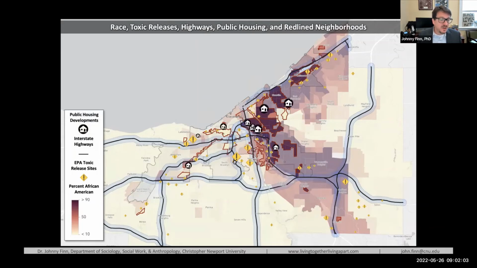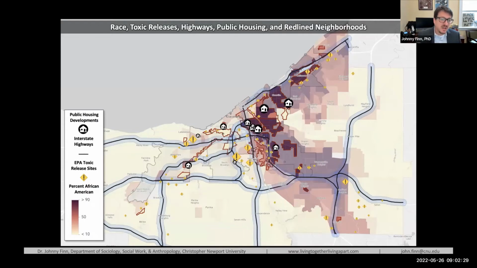And you can see the geography of public housing, where public housing near universally was built in formerly redlined majority Black neighborhoods and segregated Black during the 1940s and 1950s. And we could add much more data onto this map. In fact, I'm sure you all have used EJ Screen, the EPA's environmental justice mapping.